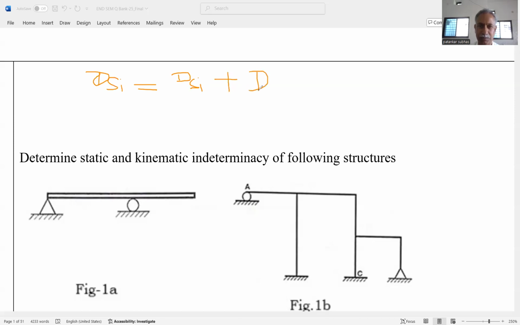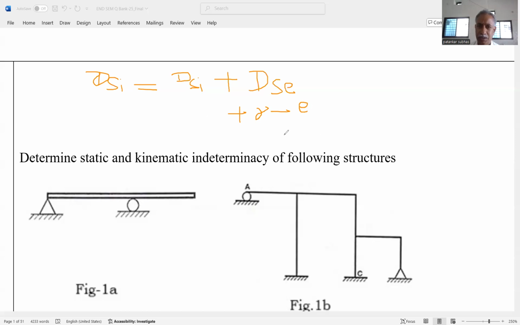The formula is very simple. We can say R, that is the reaction component, and E is the number of equations available, R minus E. And for internal, generally, if we know the reactions, even though the beam or any structure is indeterminate, it is not possible to find out the forces.